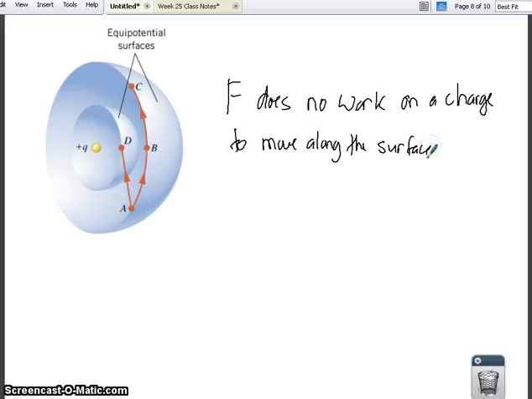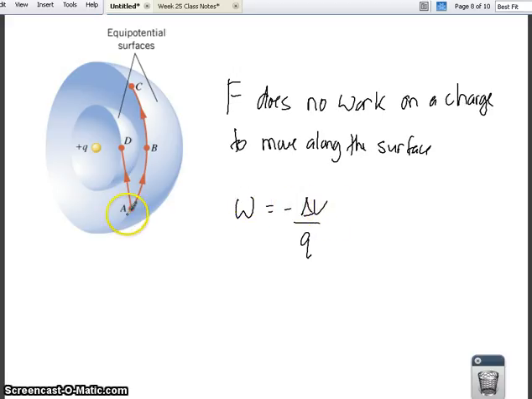If we remember, work or energy is equal to negative delta V over Q. This means work is done in between. There has to be a difference in potential for work to be done.